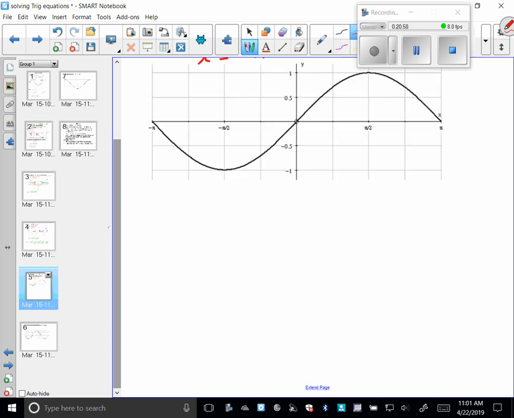I'm thinking maybe let's ignore this diagram and do this normally. So we're going to have to do a little sketch. So you've got your 90, 180, 270, 360. Now notice I'm actually sticking with degrees.